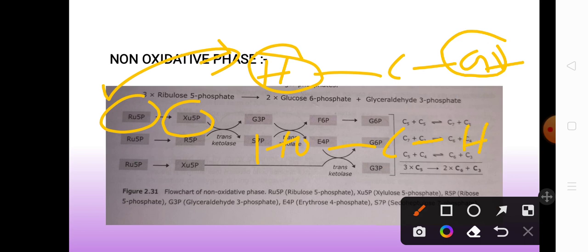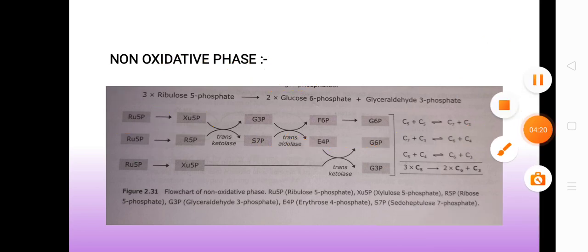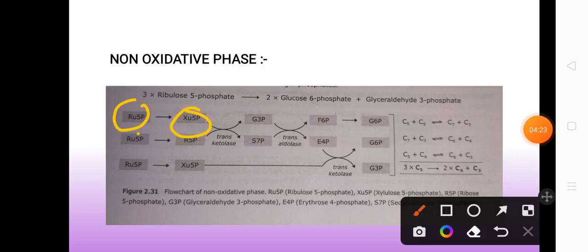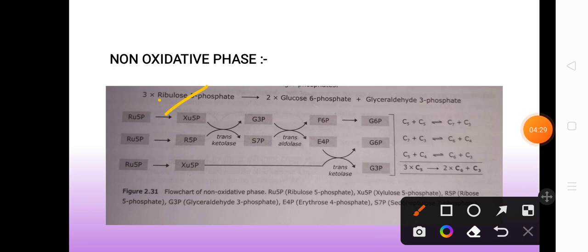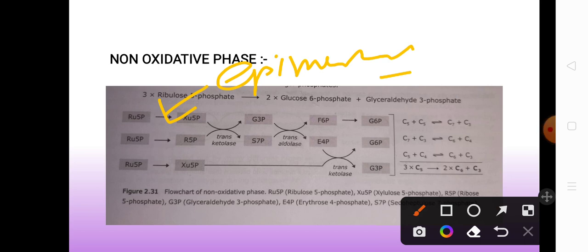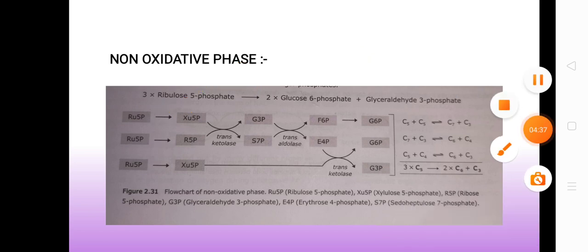This kind of change is known as epimeric change, meaning ribulose 5-phosphate and xylulose 5-phosphate are epimers of each other. This change is facilitated by an enzyme known as epimerase, the first enzyme that takes part in the non-oxidative phase.